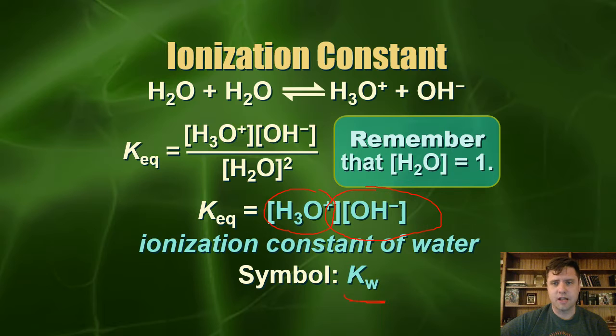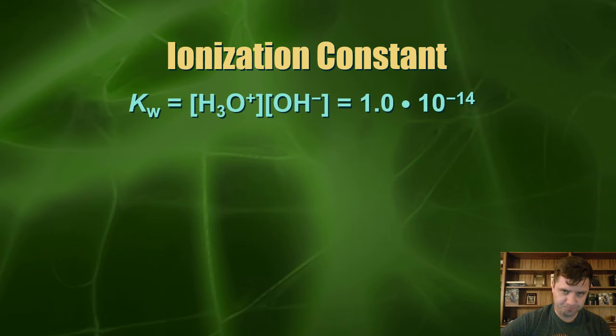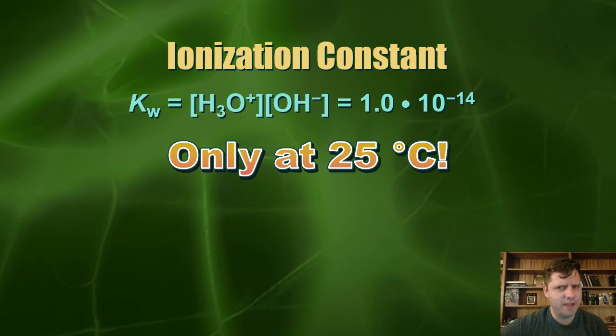There's a constant for water at a certain temperature. If the temperature changes, this constant changes. But at 25 degrees Celsius, which we know is standard temperature, it's 1.0 times 10 to the negative 14. This is the constant of ionization for water.